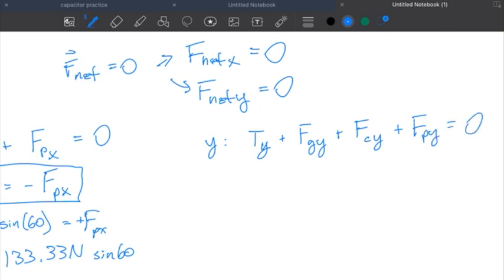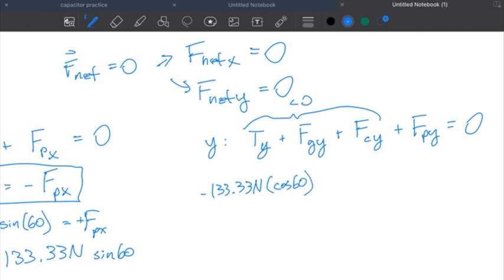So now these three here are all negative, right? So less than 0 because they're pointing down. So let's put in the values. Tension is going to be negative 133.33 newtons times, because we want the y component, we're going to use our cos 60.